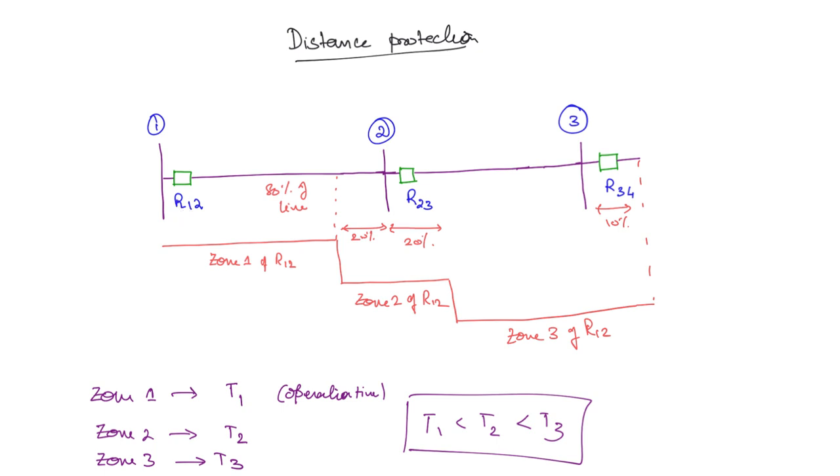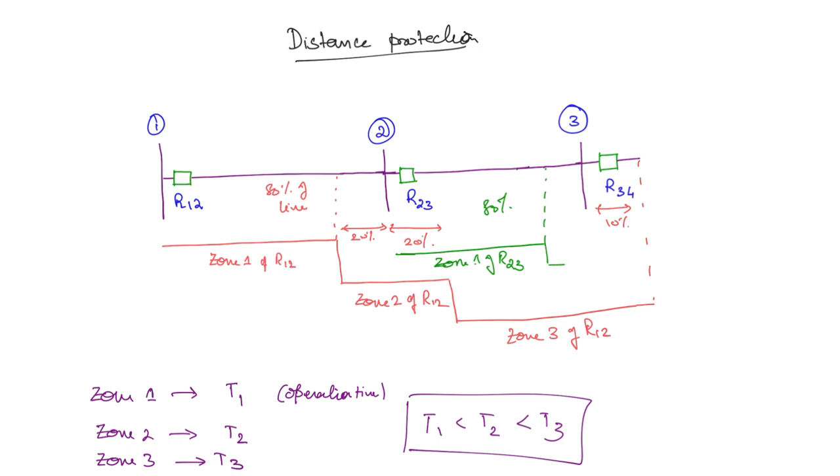R23 and R34 are also going to be similar. So R23 will do what? It is going to protect again 80% of its own line. So we can draw here, this is zone 1 of R23, which is 80% of this line.